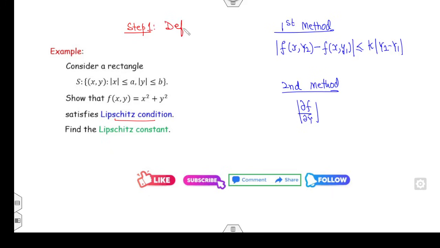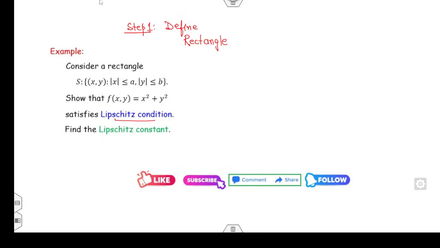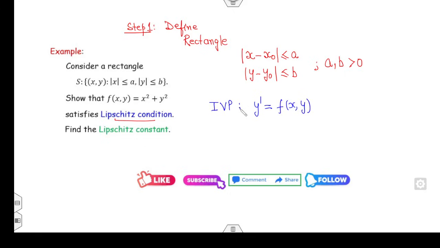Whenever you have to define the Lipschitz condition, your step number 1 will always be that you have to define the rectangle. If the rectangle is given, that's fine. If it is not given, then how can you define the rectangle? The rectangle is always defined as modulus of x minus x naught is less than or equal to a, modulus of y minus y naught is less than or equal to b, where a and b are both positive. And what will x naught and y naught be? If you have the initial value problem such that y of x naught is equal to y naught, then this x naught you can find from here, and this y naught you can find from the given conditions.